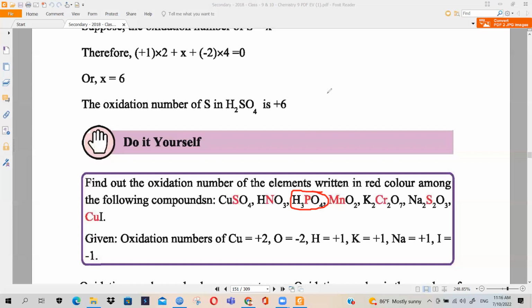How is -2? Because hydrogen has +1, and how many hydrogens are there? 3. Next, 1 phosphorus, which is +3. You have to calculate for the phosphorus. You don't know what it is. Okay, that makes so much sense.